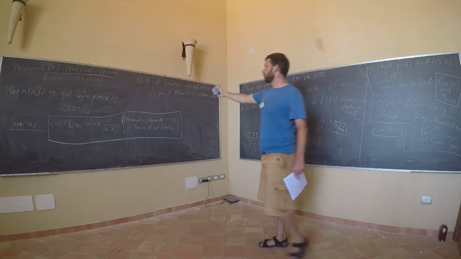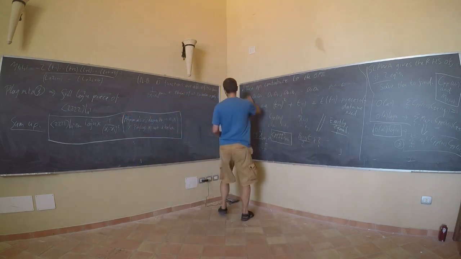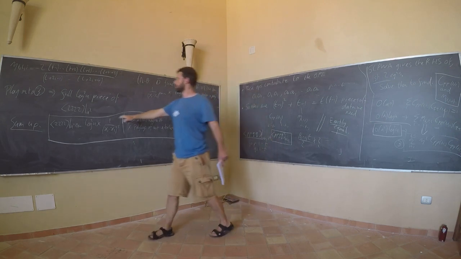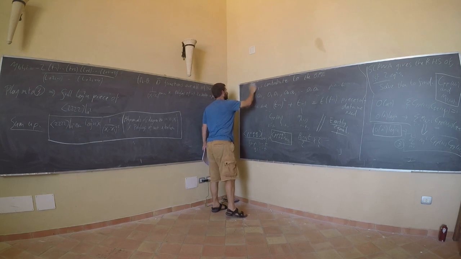Okay, so it's not completely unnatural to think of this. So, what do we do now? We have the full log squared u piece of the correlation function. What we do now is we write an ansatz down for the full correlation function.